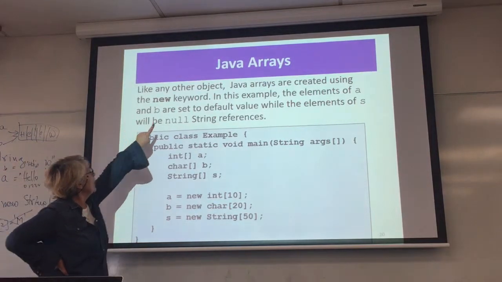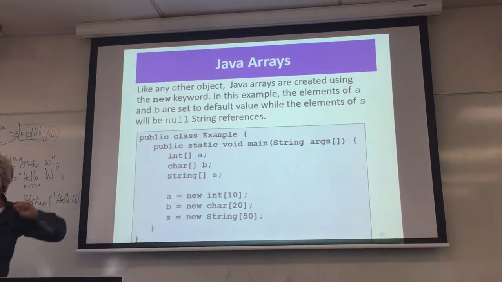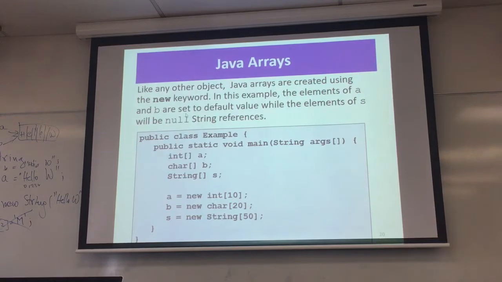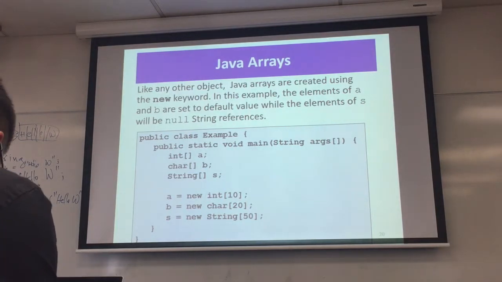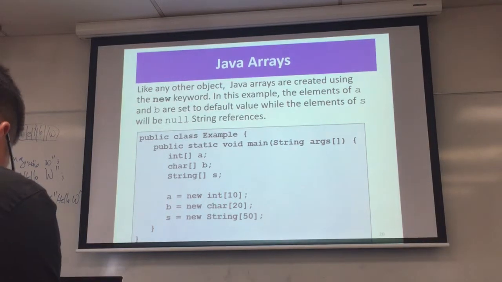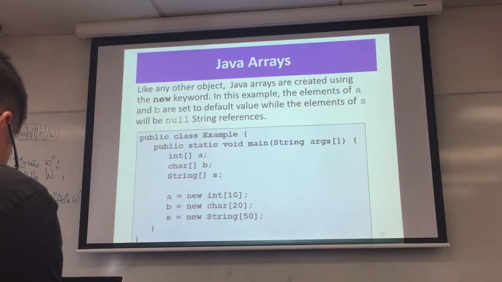Be aware we have null for a reference which is not set up to a specific value. This is the equivalent of a null pointer in C++. In Java it still is null.